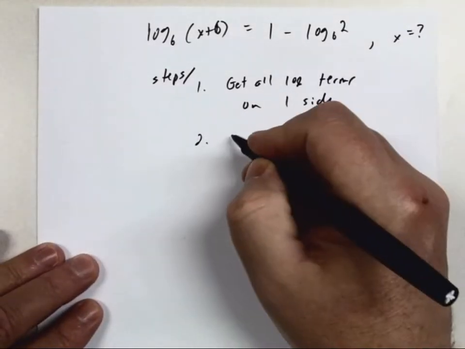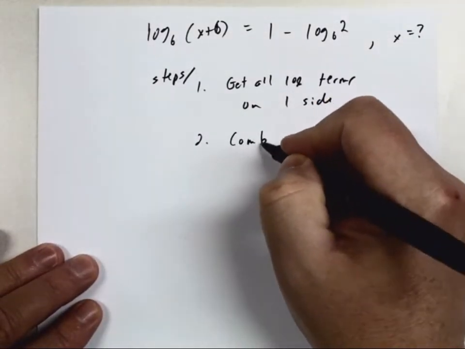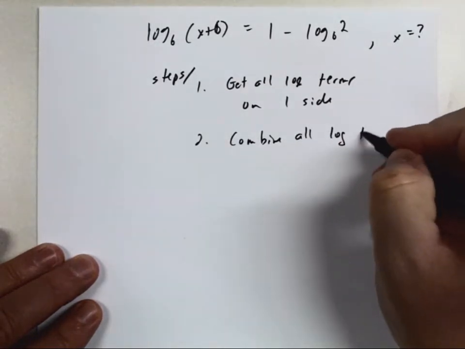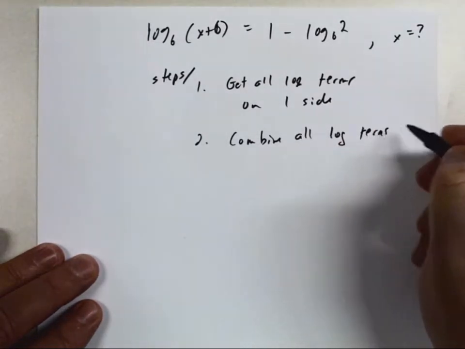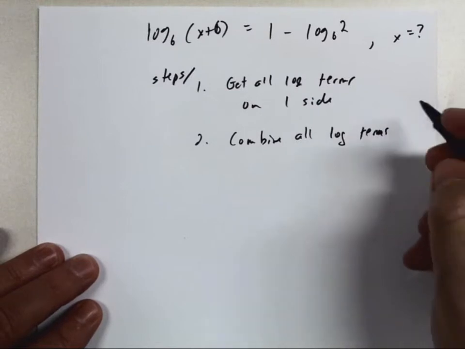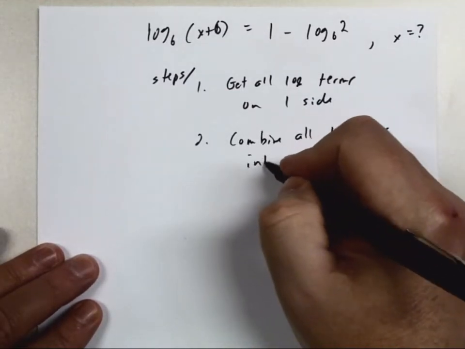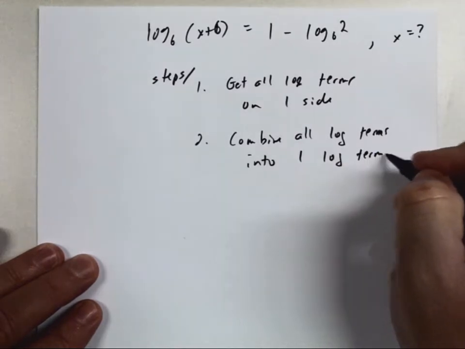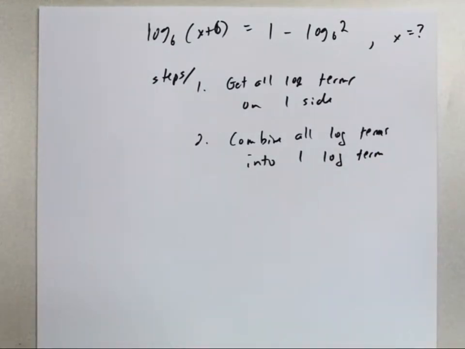And then once you do that, combine all log terms into one log term. So you may have 2 or 3 log terms now on one side. Well, using the rules we just talked about, combine those into one log term.